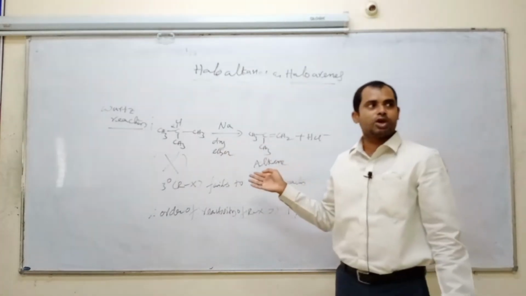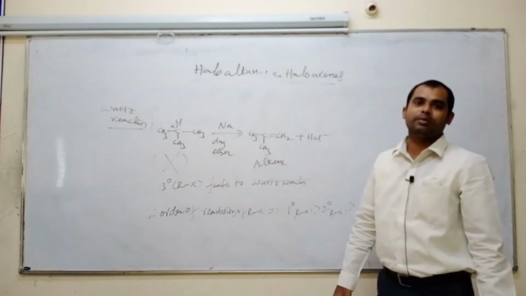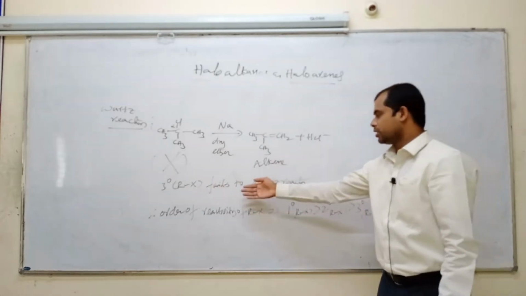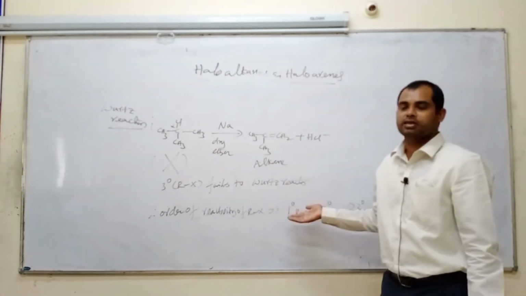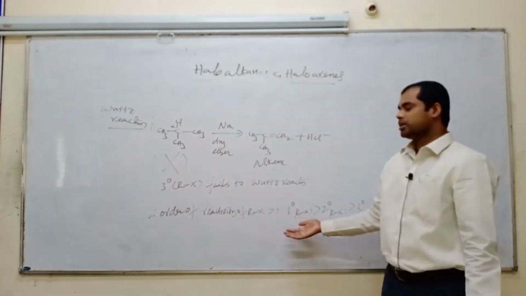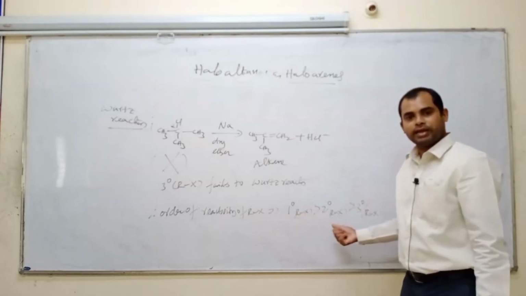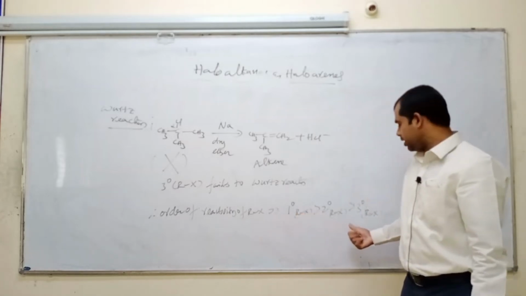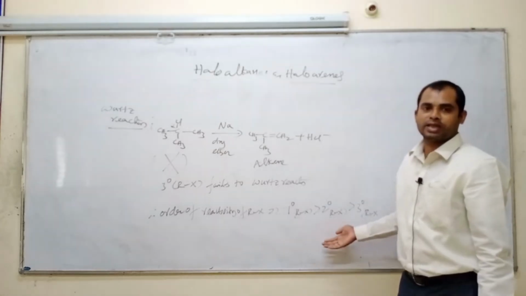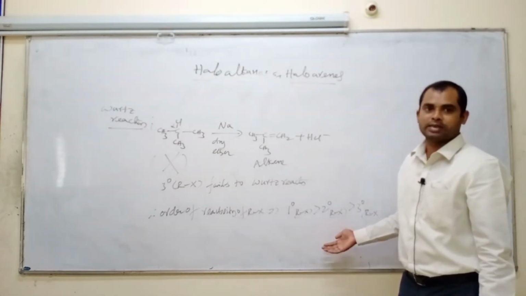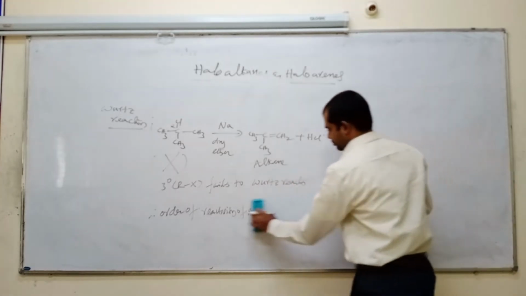So that's why tertiary alkyl halides fail in the Wurtz reaction. So the order of reactivity of alkyl halides is primary greater than secondary greater than tertiary alkyl halide. This is the order of reactivity of alkyl halides according to the Wurtz reaction.